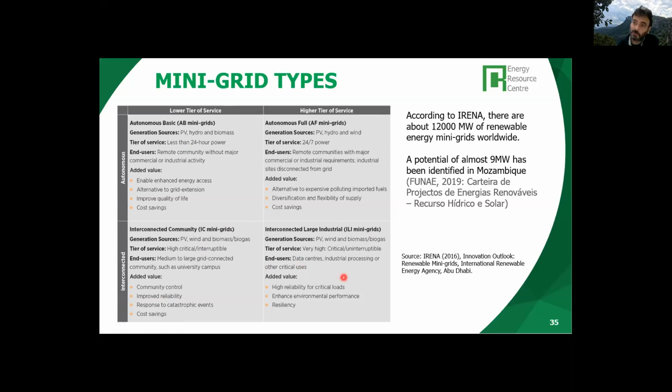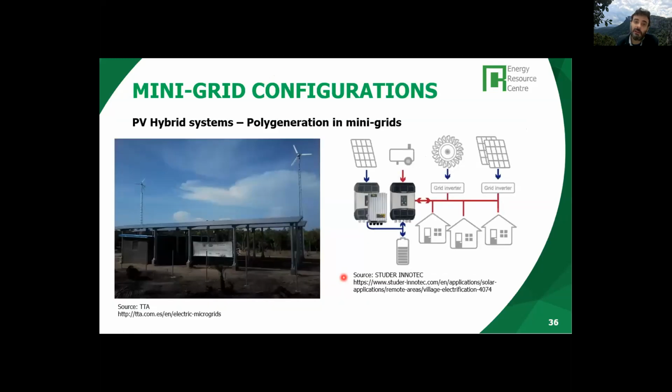Let's remember what we have learned in the previous sessions. If we have mini grids, we can always consider polygeneration to adapt to changeability in the demand. Why not? Remember the example I mentioned about a hybrid PV mini grid with wind in Ghana, or other possibilities, hybridization with hydroelectric generation, or with diesel genset backup, for instance.